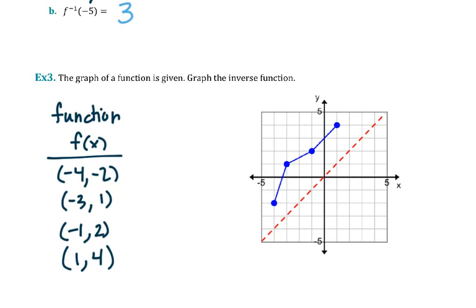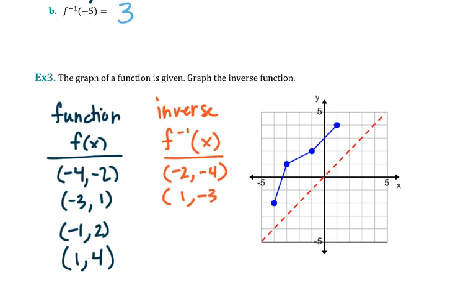So my inverse, which I'm going to indicate as f inverse of x, use that -1. My inverse is going to be the ordered pairs -2, -4, 1, -3, 2, -1, and 4, 1.